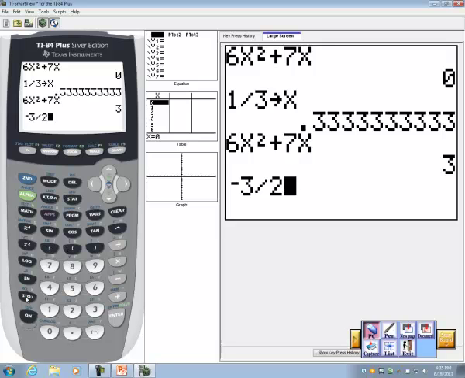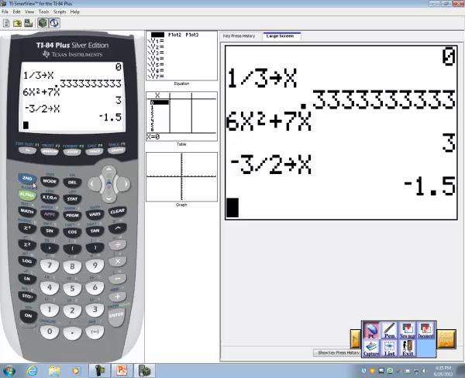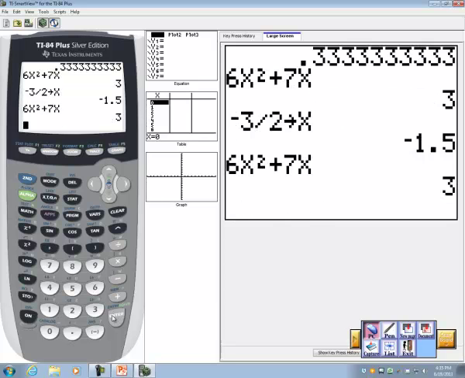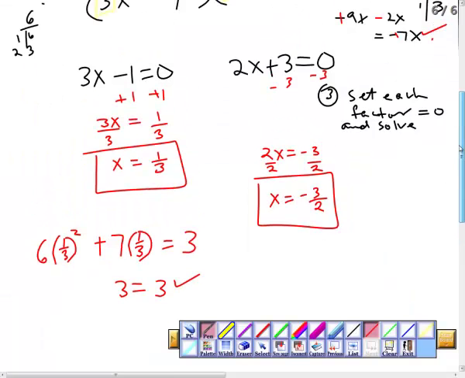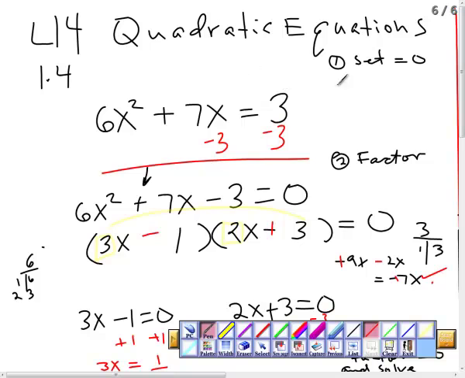And we're going to store that into x. And so now we put that back into our equation. There it is. Hit enter. And we get 3 again. Okay? So whatever your other side of the equal sign was, that's what you should get.